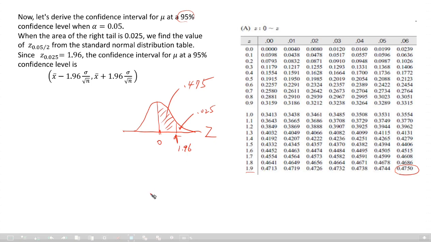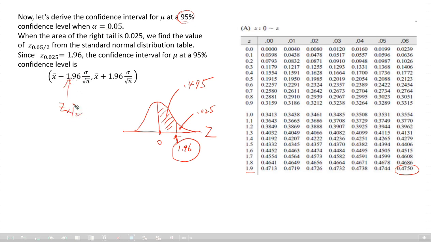This 1.96 is an important, good value for the standardized normal, because we used to use alpha of 0.05. Okay, then instead of small g alpha over 2, we use 1.96.